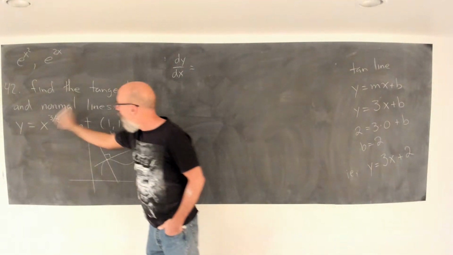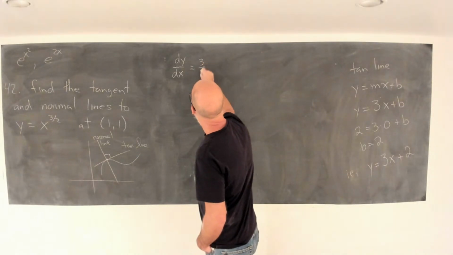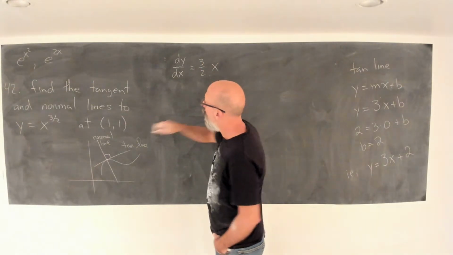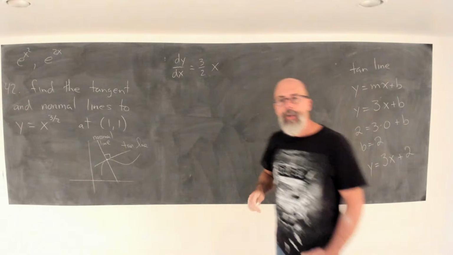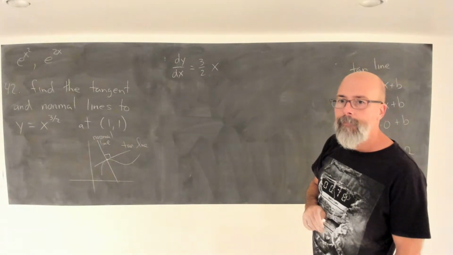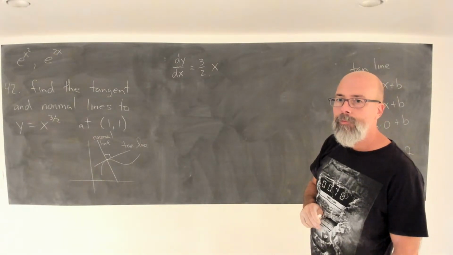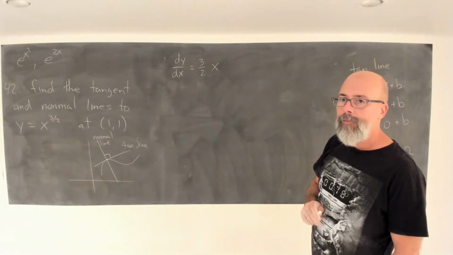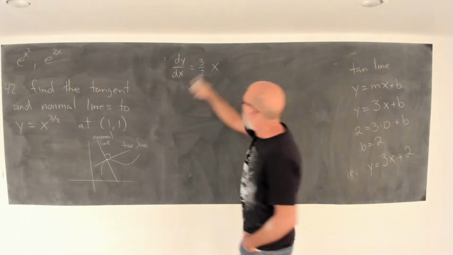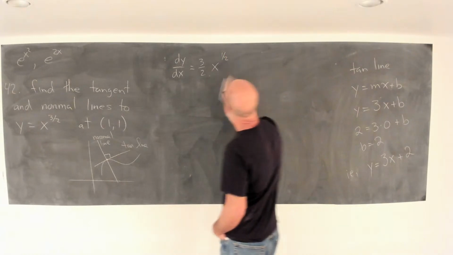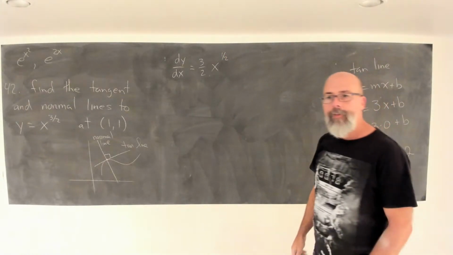And this is the power of x. We'll bring the power down. 3 over 2, x to the what now? X to the 3 over 2 minus 1. X to the 1/2, thank you.